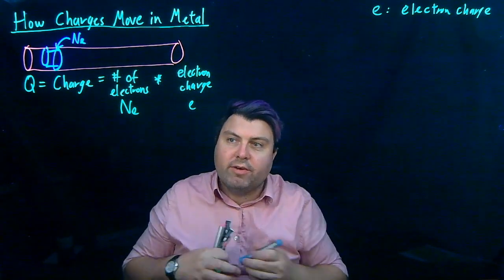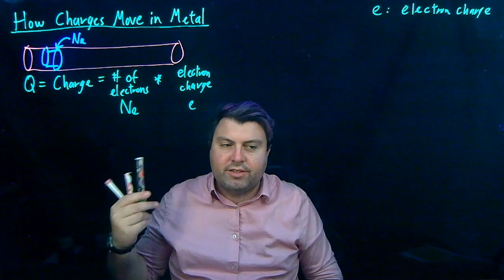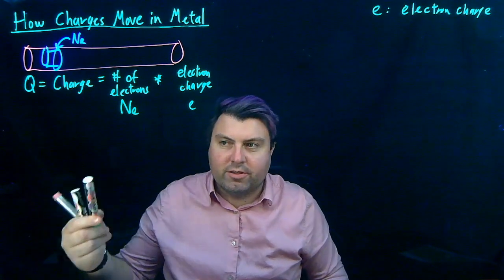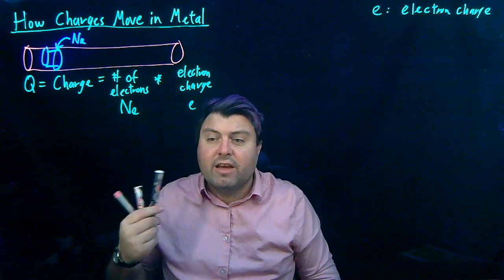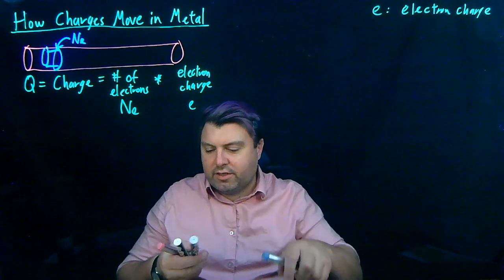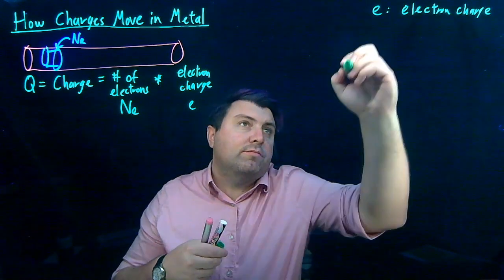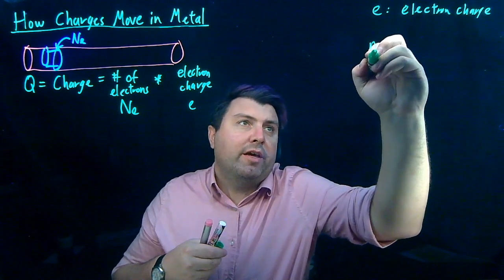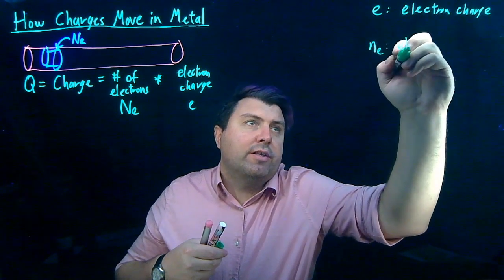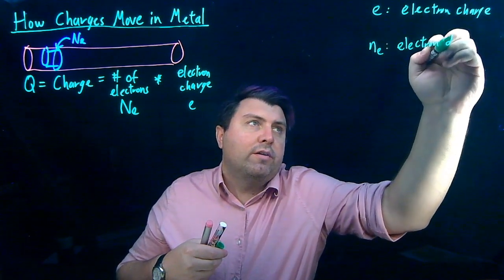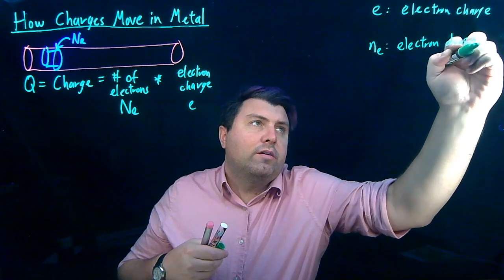Now, there is a measurement in a metal of electron density, how many electrons per unit volume, that can be measured for a metal and stays constant for any metal. So we have something called little n sub E, which is electron density.